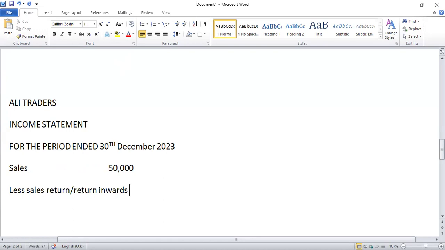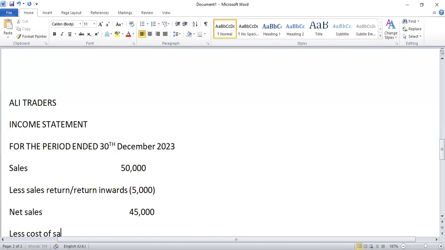Now let's say the return inward here is 5,000. So you need to have it in brackets because you're going to less it. We're going to subtract 5,000 from the 50,000. So if you take sales minus less sales return, you get the net sales. For this case, the net sale will be 45,000.